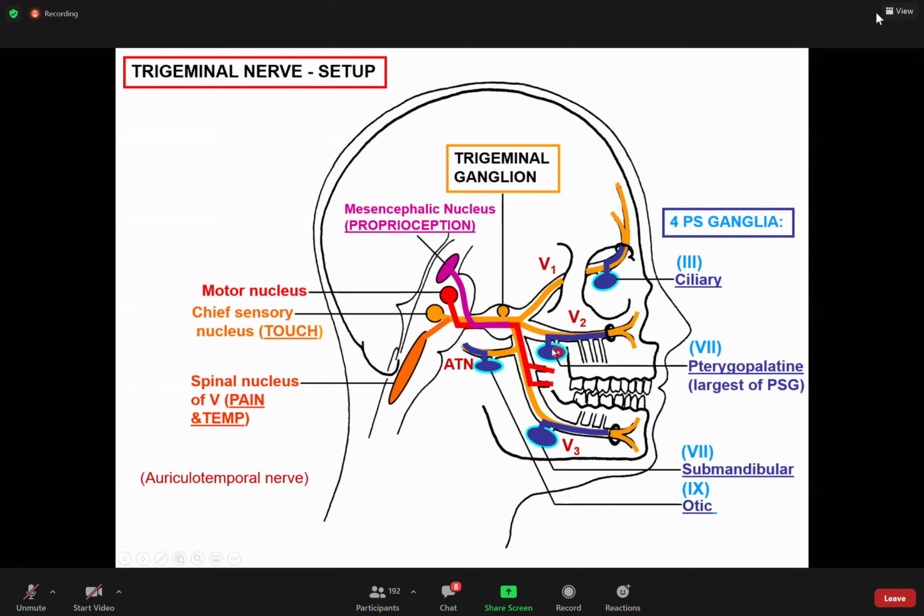So you can see the pterygopalatine ganglion attached to the branches of the maxillary nerve. And then the mandibular division has its branches through which the otic as well as the submandibular ganglion are attached. So as we said, the branches of the trigeminal will act as a conduit for the parasympathetic fibers of the third, seventh, and ninth cranial nerves.